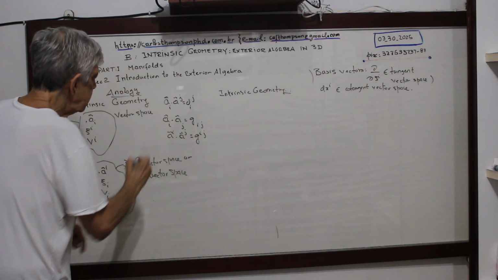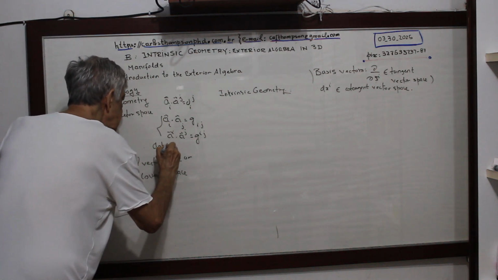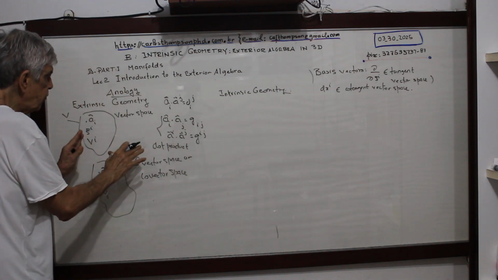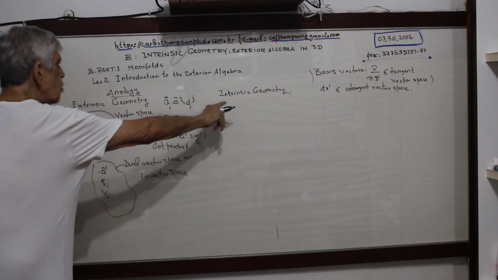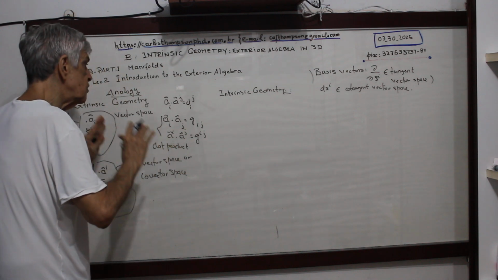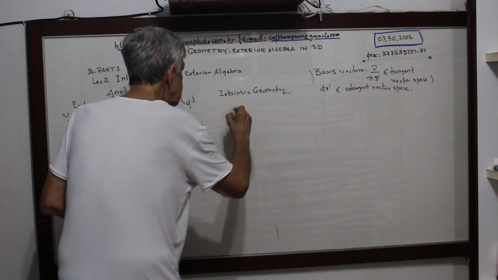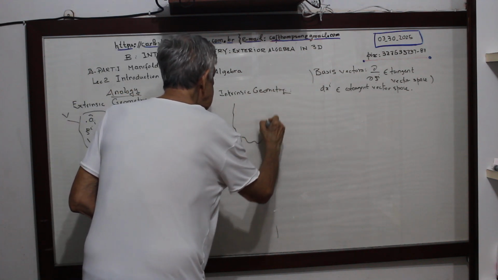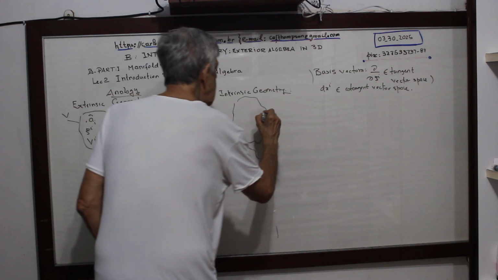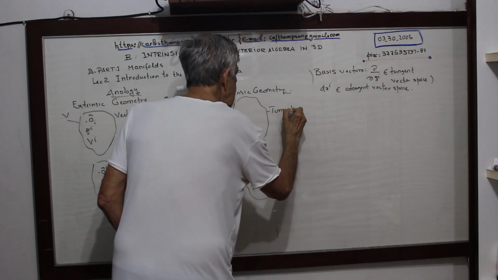You see, this is called the dot product. Now we move this to the intrinsic geometry, where there is, attention now, no position vector. So the analogy is as follows. Here I'll have, we'll call this the tangent space.